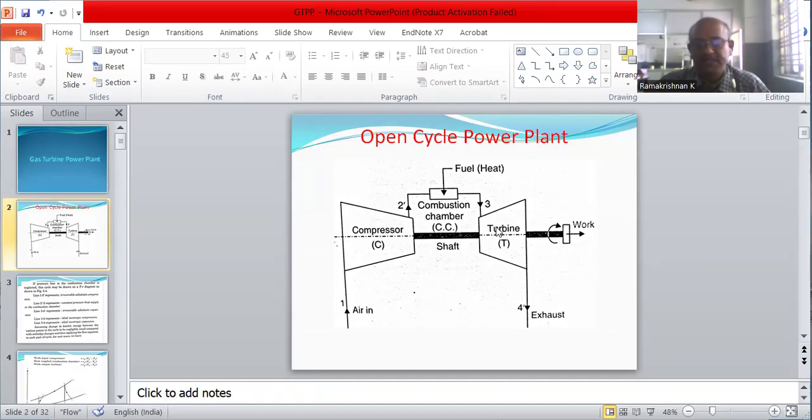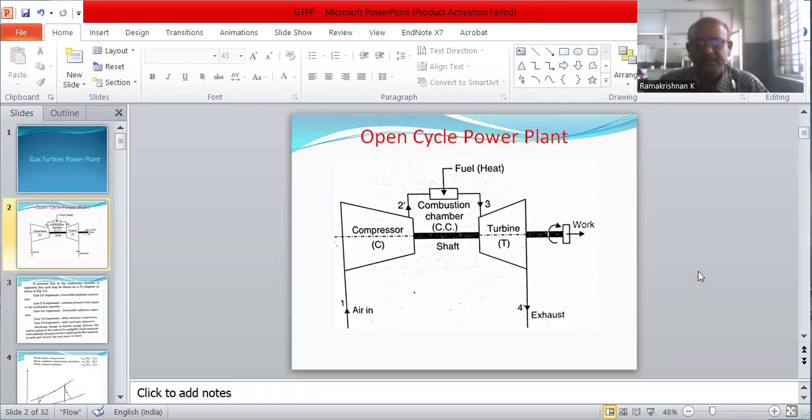Due to the expansion, the turbine receives the energy from the hot gas, so the turbine shaft starts rotating. The rotational energy is utilized to run the generator, so the power is generated. From the generator, the gas is let into the atmosphere. So it is called an open cycle plant.